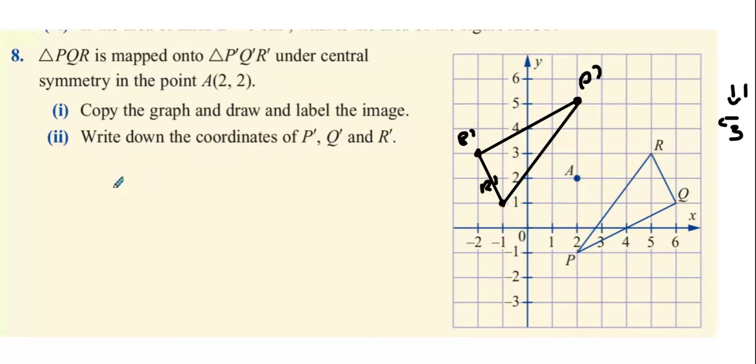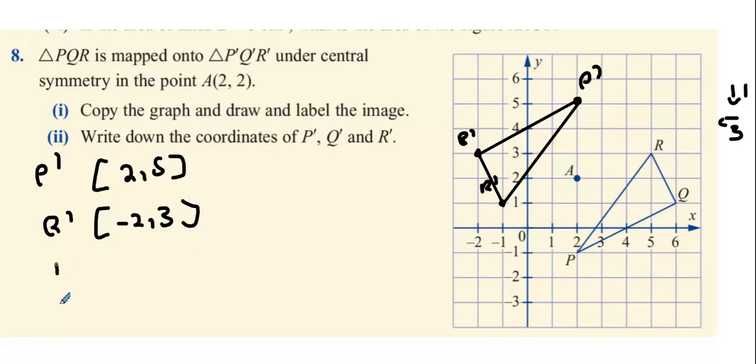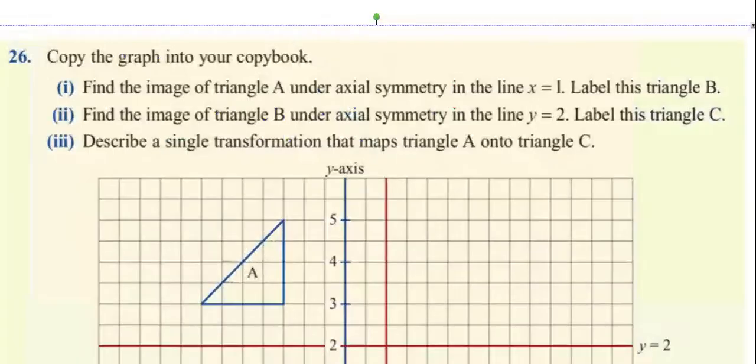So P is 2, 5. P dash is 2, 5. Q dash is minus 2, 3. And finally, R dash is minus 1, 1. Right, done and dusted. Next question after that.